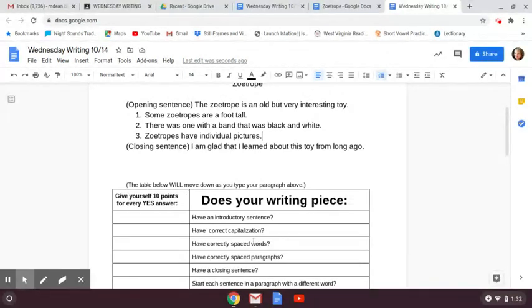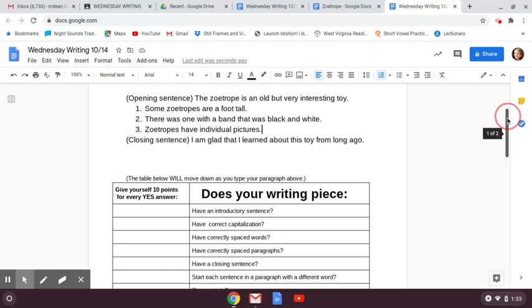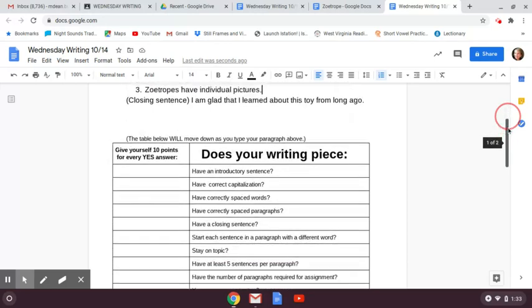Have I got correctly spaced words? Right now they are. I'm going to have to recheck that in just a minute when I get it up there. Do I have my closing sentence? I am glad that I learned about this toy from long ago. Yep. Did I start each sentence in the paragraph with a different word? The, some, their, zoetropes, and I. Yep, I did. Did I stay on topic? Yes. Everything here was about zoetropes.